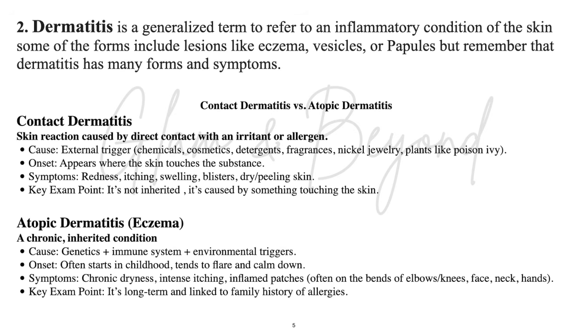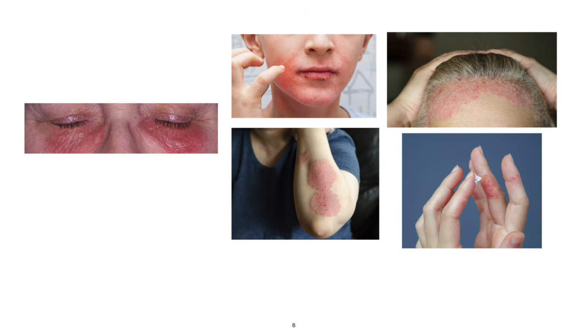Symptoms would be chronic dryness, intense itching, inflamed patches, often on the bends of elbows, knees, face, neck, and hands. Key exam points to remember: atopic dermatitis is long term and linked to family history of allergies. And here's a quick visual, and yes, this looks like it hurts.